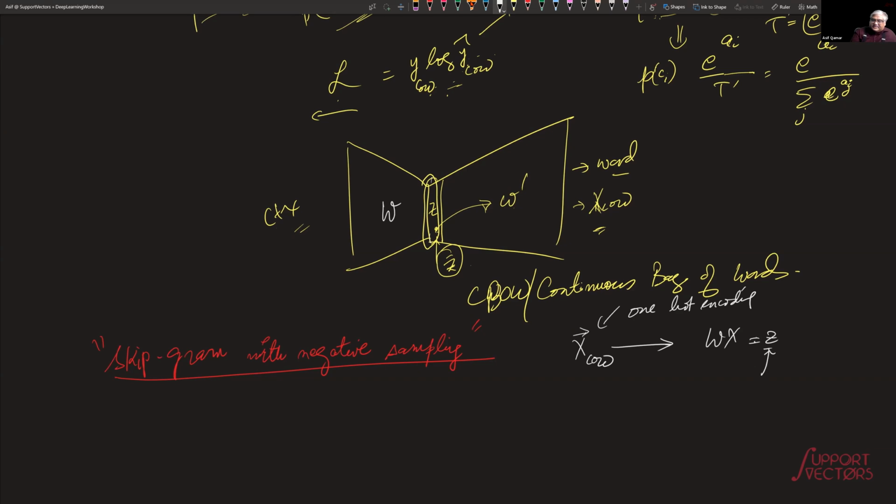Typically, it is very common to make Z a 300 dimensional space, or 500 dimensional space, which is also acceptable. Sometimes if you have a limited vocabulary, you can even play with 50 or 100 for a really small representation.